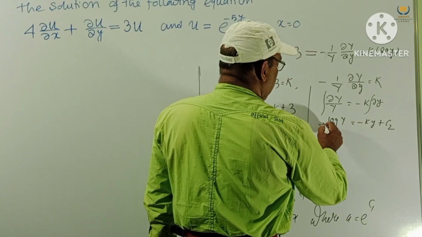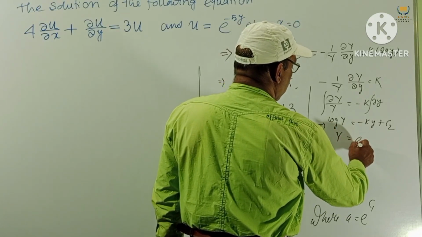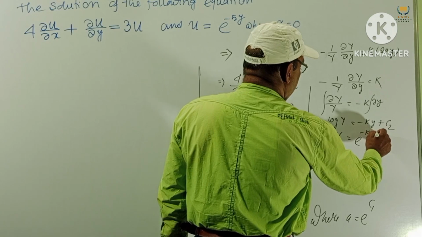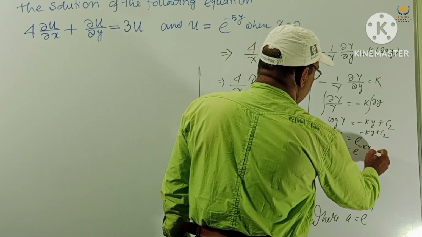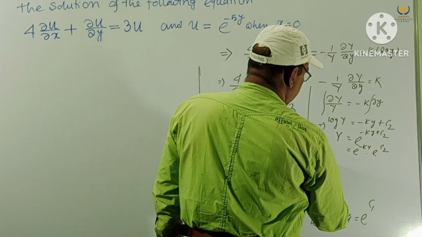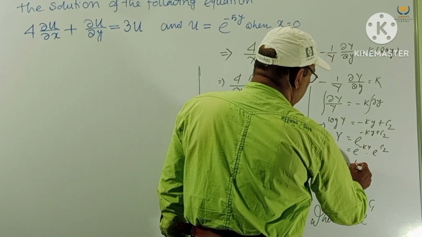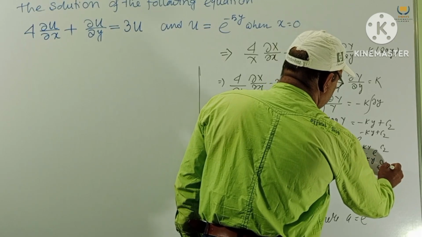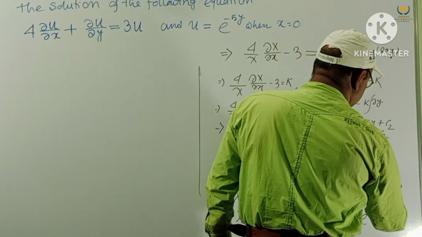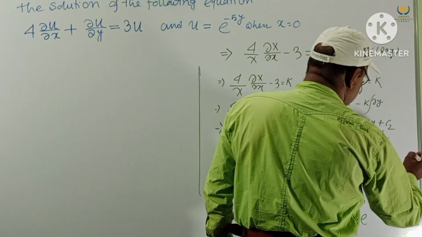This implies Y = e^(-ky + c2) = e^(-ky) e^(c2), so Y = b e^(-ky), where b = e^(c2).